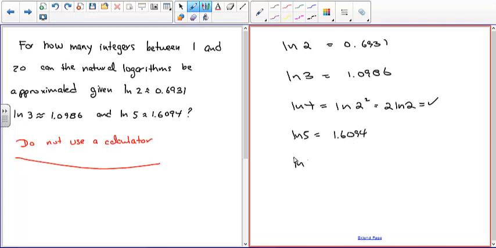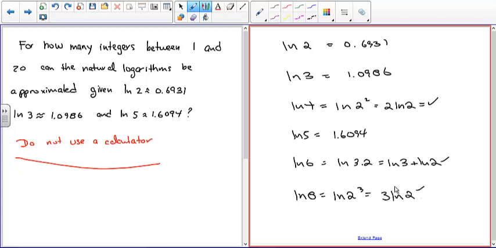The natural log of 6, so that's the natural log of 3 times 2, which is the natural log of 3 plus the natural log of 2. And I have both of those, so I can do that one. Natural log of 7 I can't do anything with. Natural log of 8 is going to be equal to the natural log of 2 cubed. Bring the 3 out, so it's going to be 3 times the natural log of 2.